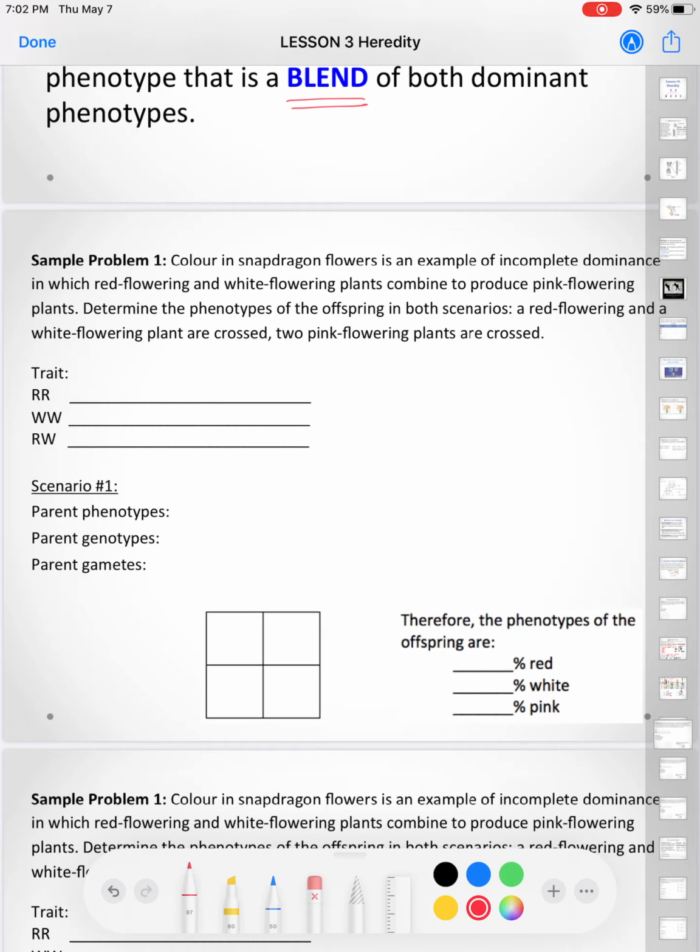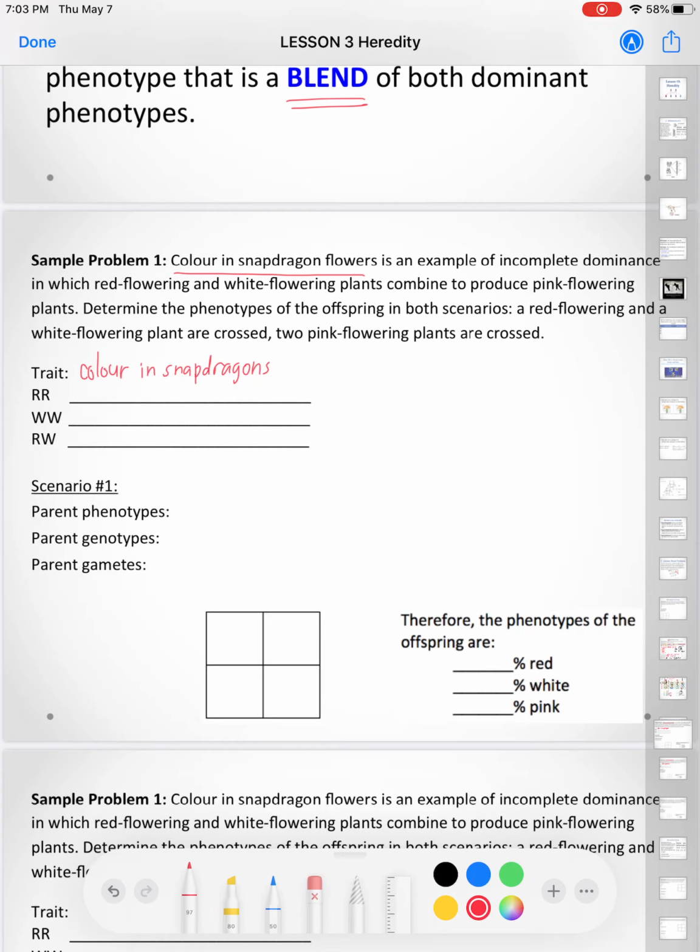Here we have color in snapdragons. So there's our trait. Now take a look at the setup here. What we're going to put here is that these are the three possible genotypes.